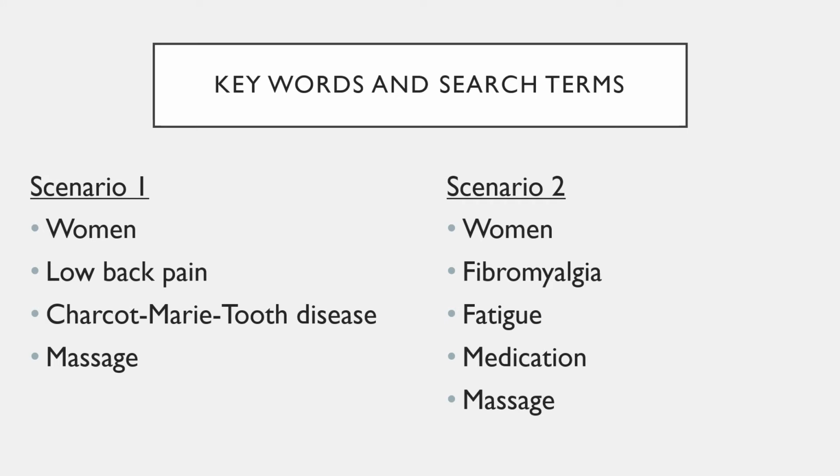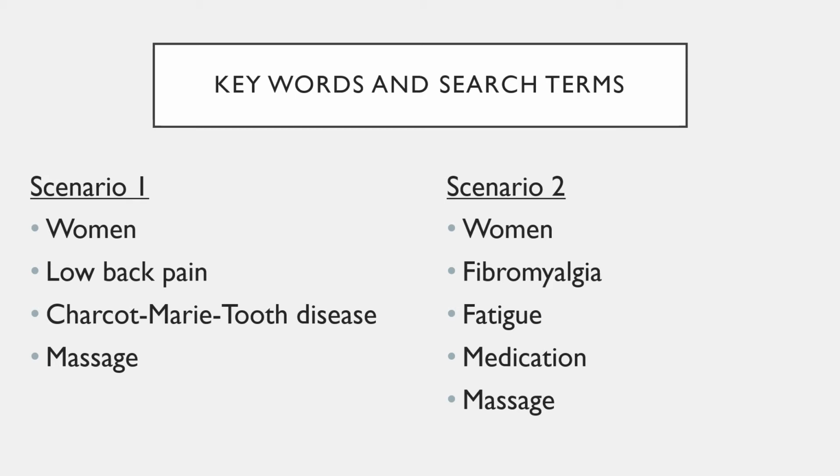Now, some key words and search terms that you're going to be using. So you're going to go on to the school's website, the library website, which you were directed to take a little bit of a look at. And some of the things that you can do is you can start to narrow down, because if you just typed in women and massage, what are you going to get?